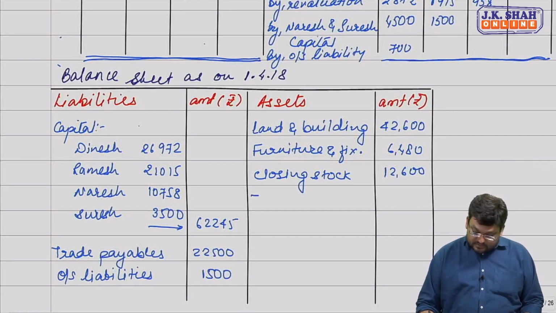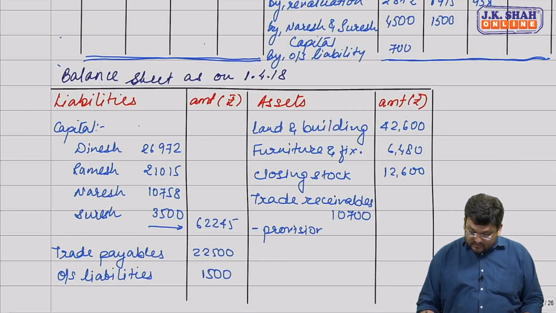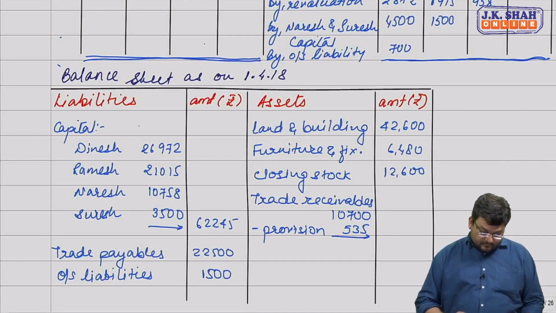Trade receivables were 10,700 and we have created a provision on trade receivables of 535, so 10,165.